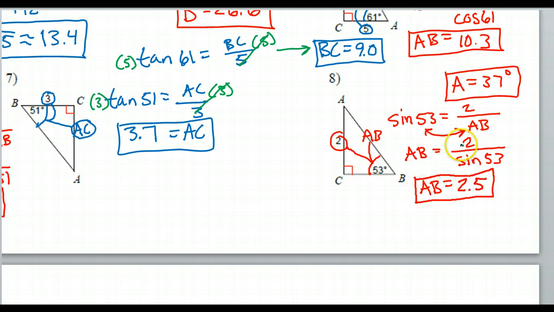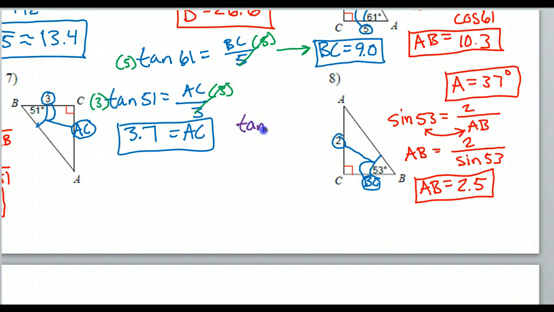Okay, so 2 down, 1 to go. Now we just need to find BC. Here's BC down here. Looking at this angle and the 2 and the BC, we have opposite and adjacent. That's going to be the tangent function. Running out of space, I'm going to do it over here.